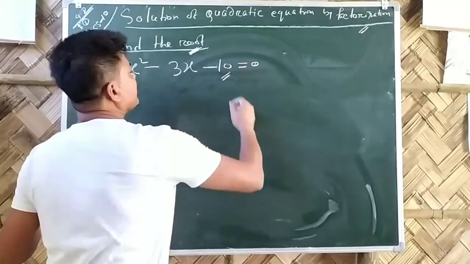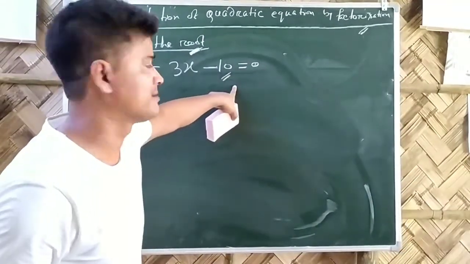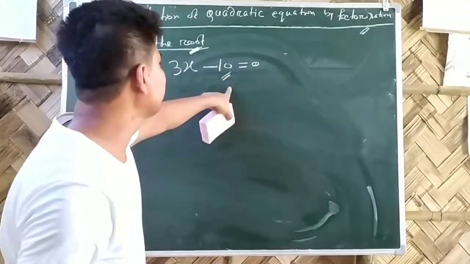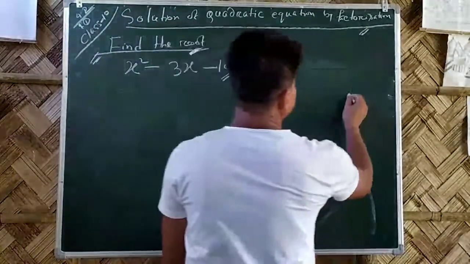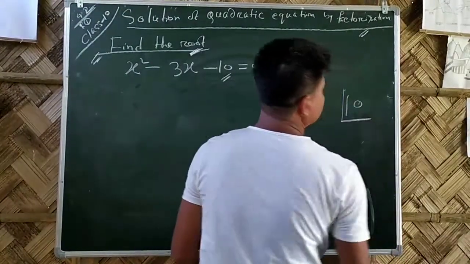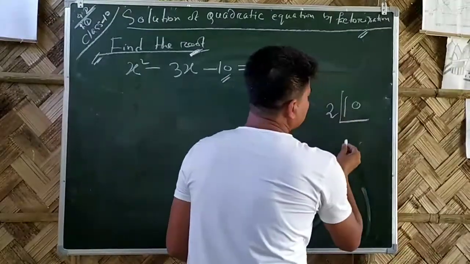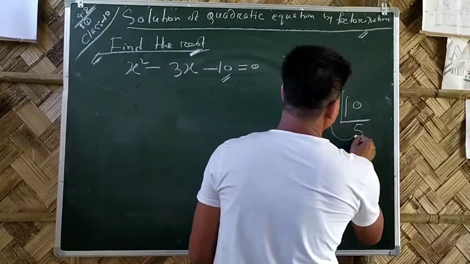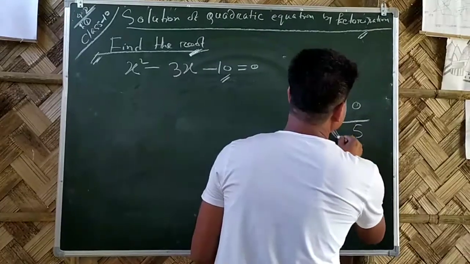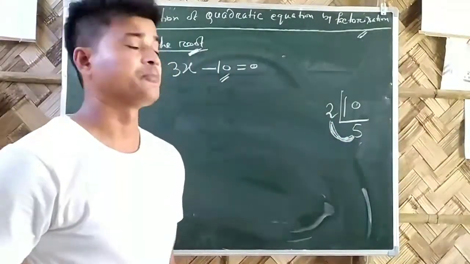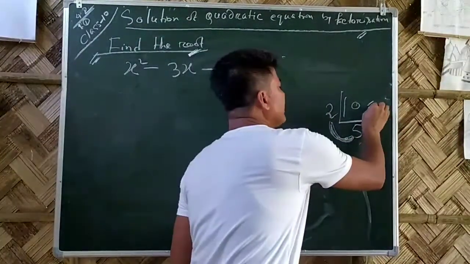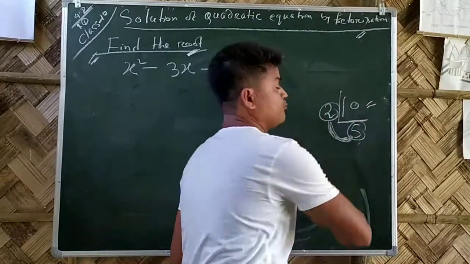For factorization, we need to see c, that is the real number. Here we find that the real number is 10. So we factorize it: 2 fives are 10.